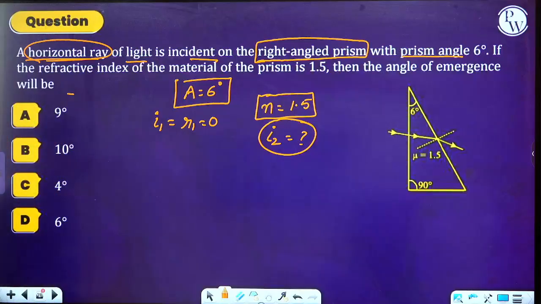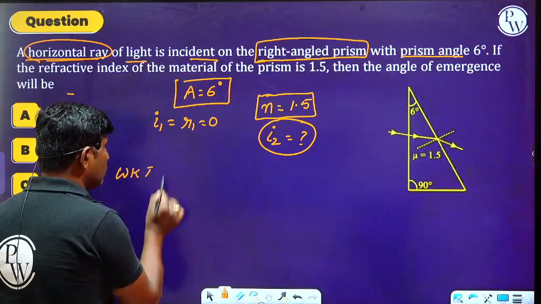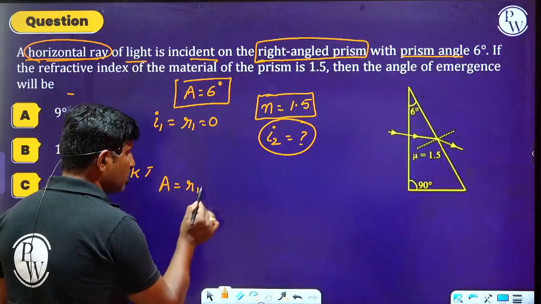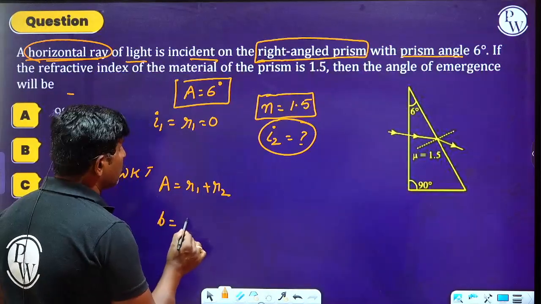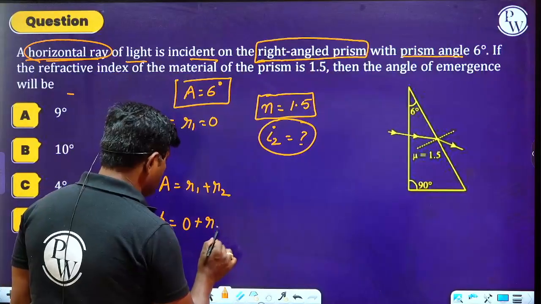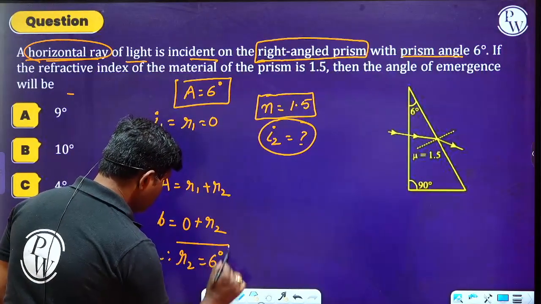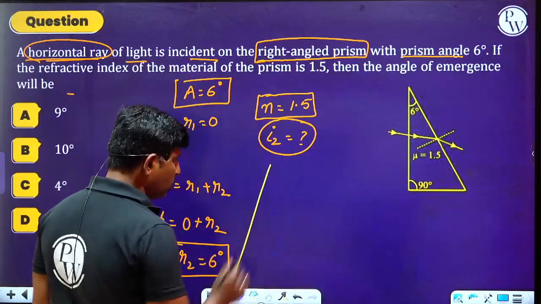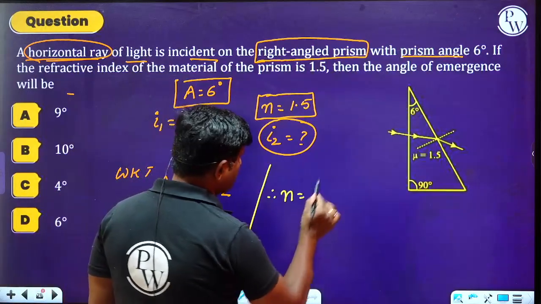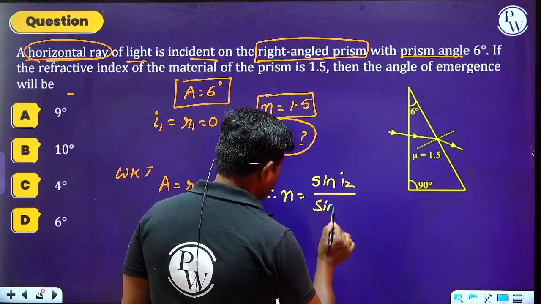How can we do the simplification here? We know that the angle of prism is equal to R1 plus R2. Therefore, A is 6 degree, R1 is 0, plus R2. Therefore, we can say that R2 becomes equal to 6 degree. Substitute this in the equation n is equal to sine I2 divided by sine R2.